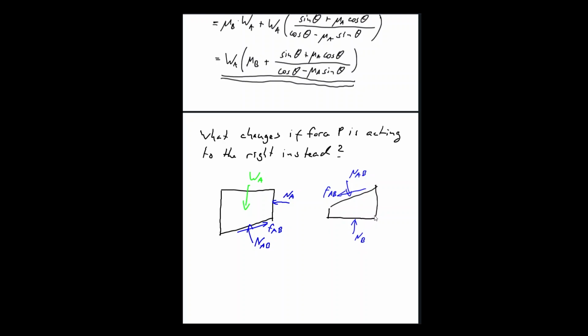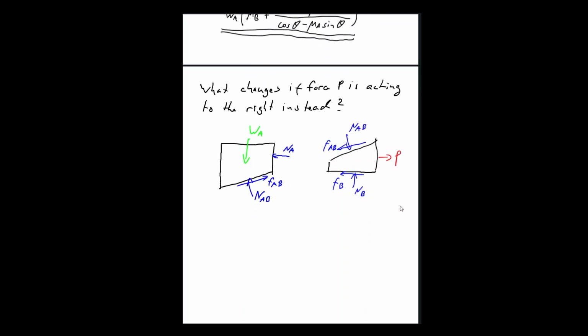And then this block is now moving towards the right, so my friction is going to act towards the left, FB. And then, of course, my force P. And now we can go through all this and do the same analysis. Basically, all we have to do is flip some signs around.